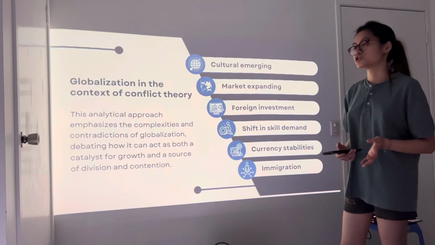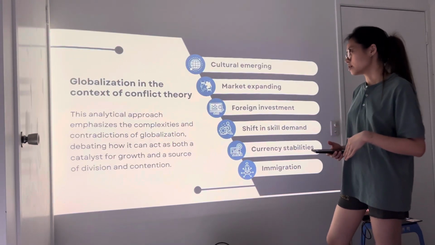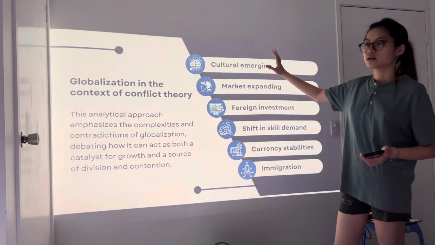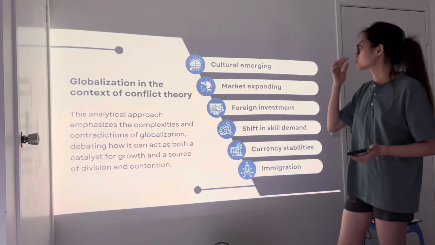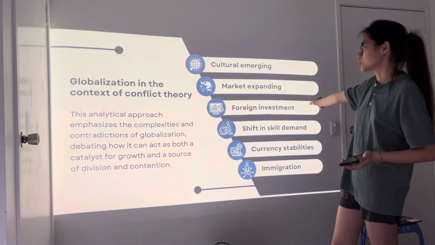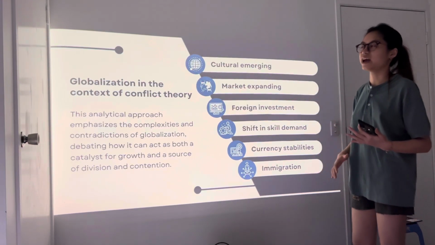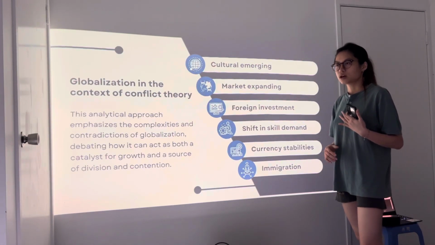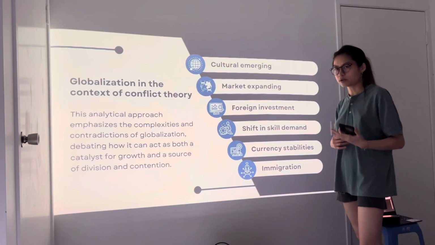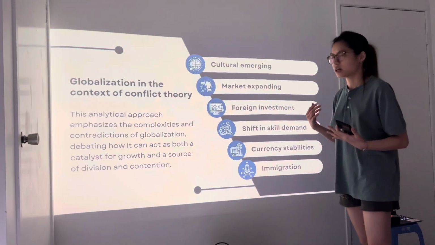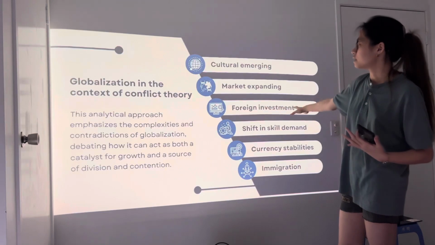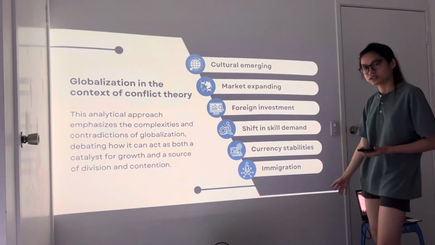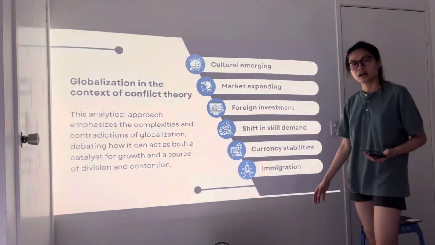Globalization brings changes in Australia, particularly in these categories: cultural emerging, market expanding in terms of economy and labor market, trading, investment, foreign investment, shift in skill demand, currency stability, and immigration.